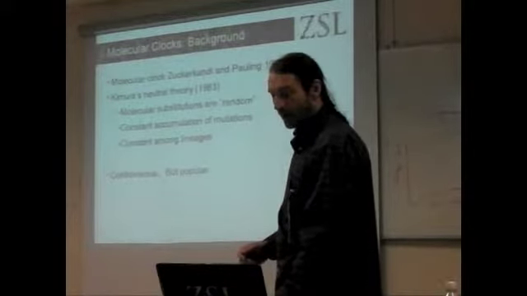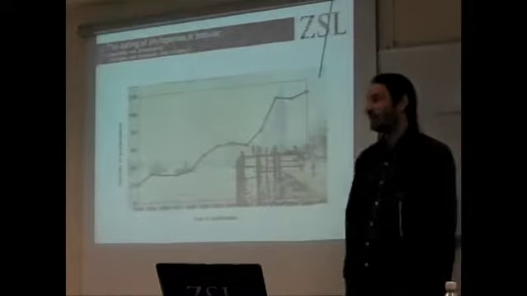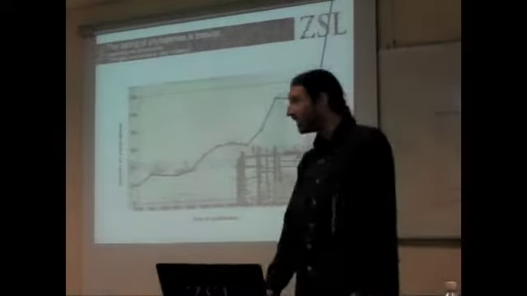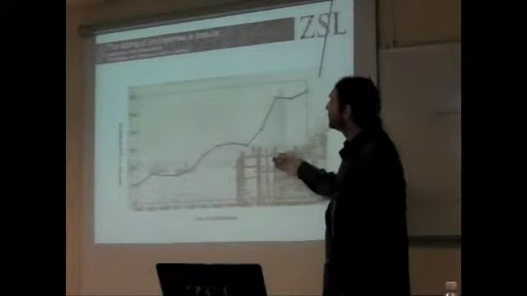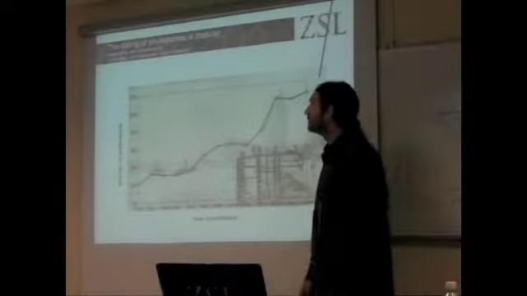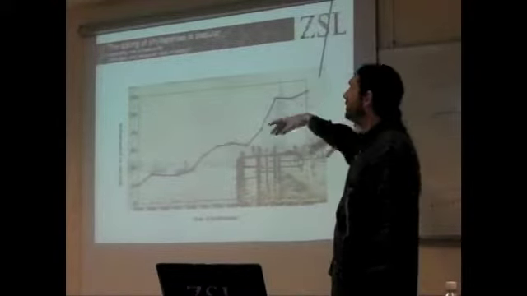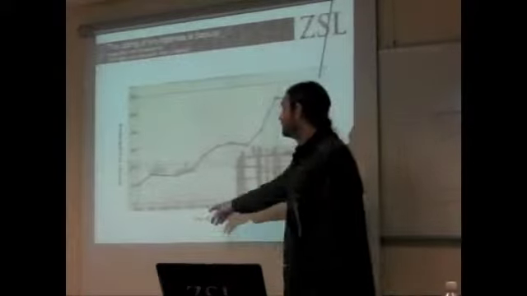It's a controversial technique, but very popular. This slide is a little old now, but it shows you the results of a Web of Science search for phylogeny and molecular clock or dating.